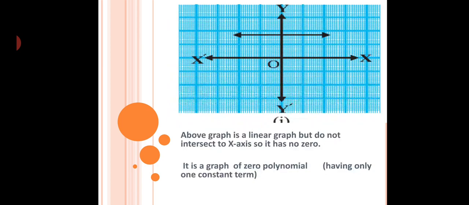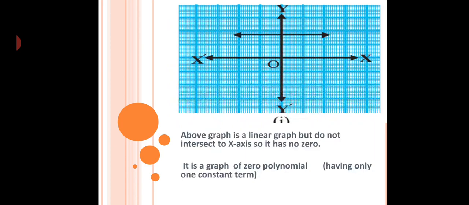Here you can see another line which is parallel to the x-axis. What is its interpretation? The above graph is a linear graph but does not intersect the x-axis, so it has no zero. That is the prior condition that we had discussed. And it is the graph of a zero polynomial, meaning it has any constant value like 2, 3, 4 or minus 5, anything.